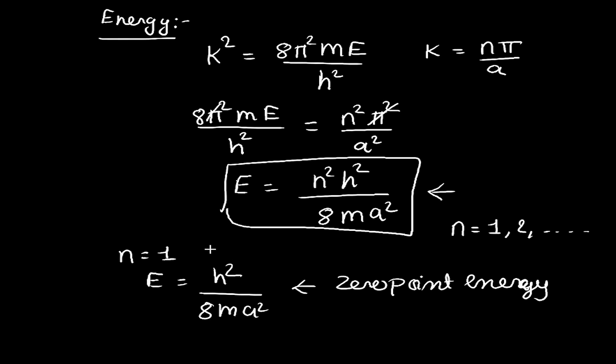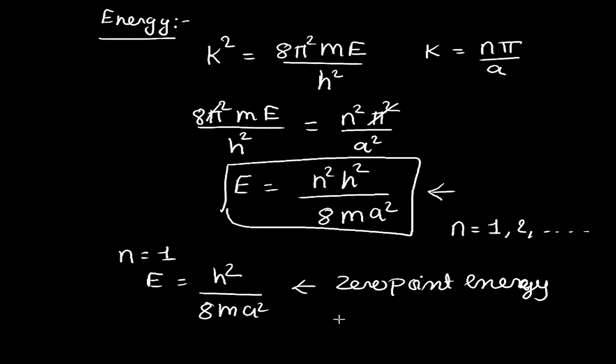The value of zero point energy is not 0, but it has certain value, as we know that the particles are under continuous motion, and as a result they will possess certain amount of energy. So this is the value of the zero point energy, the lowest energy.